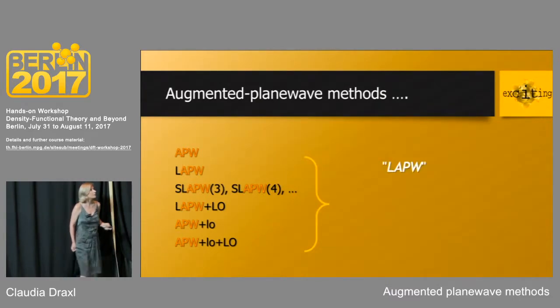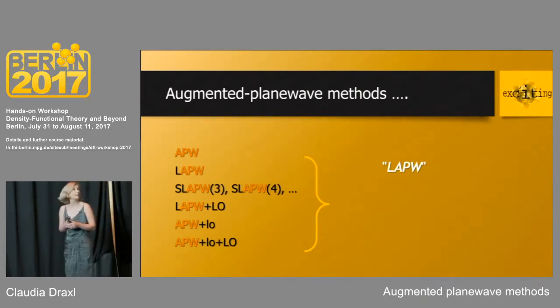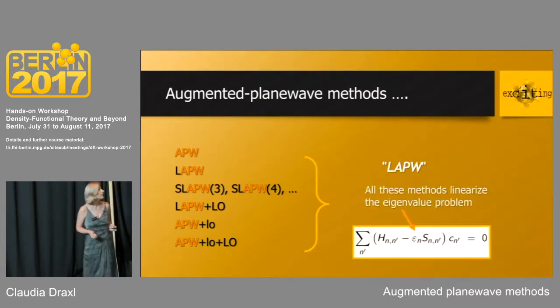And to keep it short, I call all of this LAPW because, as I will show in a few minutes, they all concern linearized eigenvalue problems. So this is a shortcut, but nevertheless I will go through the history of all this just to explain why this basis set is useful and how these two different dialects or slangs are distinguished from each other.